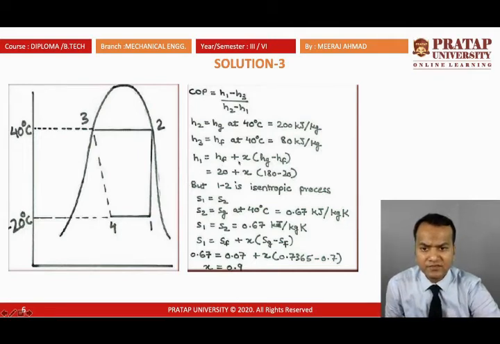H1 is HF plus X, which is the dryness fraction, times Hg minus HF, the difference being the latent heat. Okay. HF is equal to 20, because it is saturated liquid at temperature of minus 20 degrees Celsius.